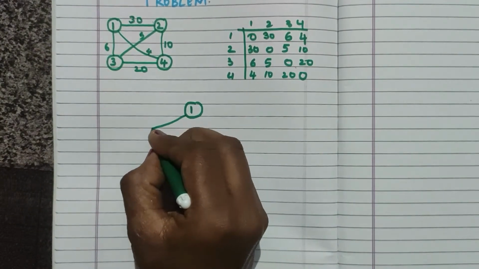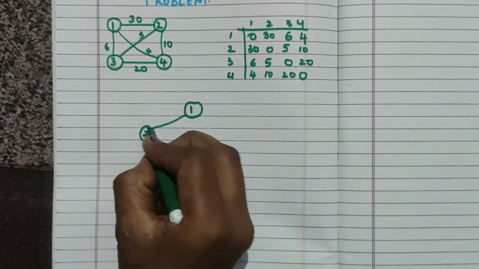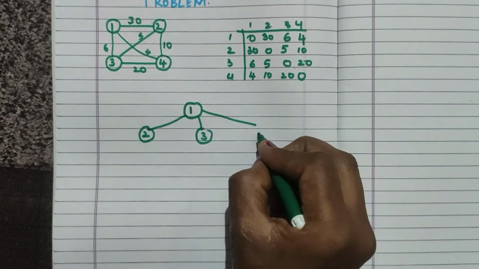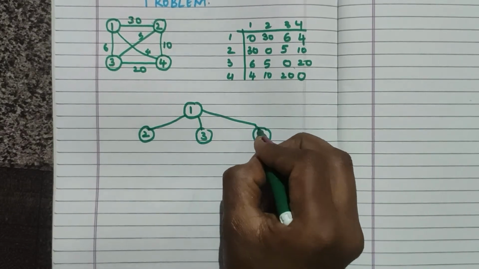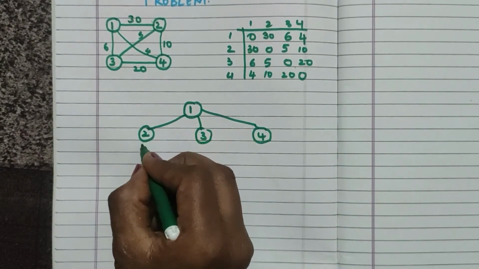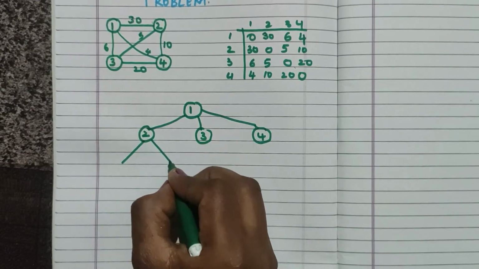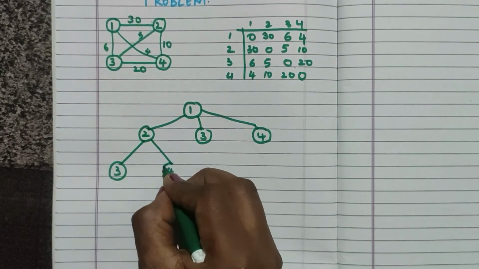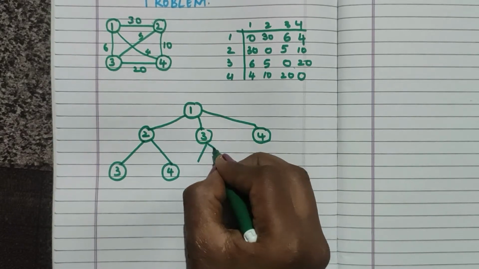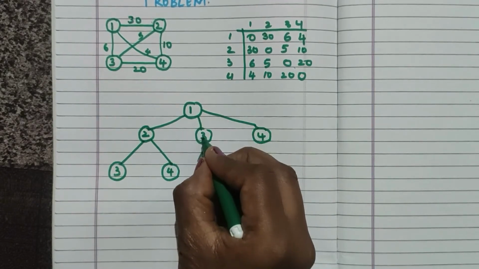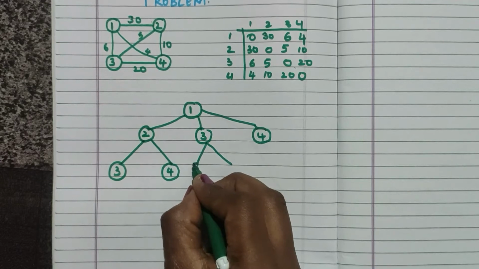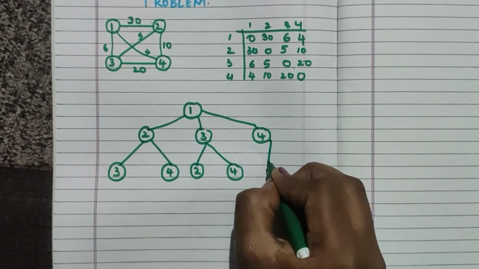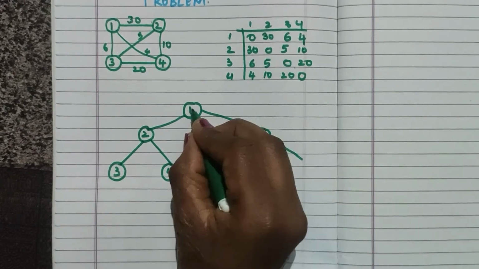I'll be moving on to node 2, node 3 and then node 4. Now here 1 and 2 is done. So where will I be moving on? I'll be moving to 3 and then 4, and here it will be 1. 3 is done, so to 2 and then 4. Here 1 and 4 is done.